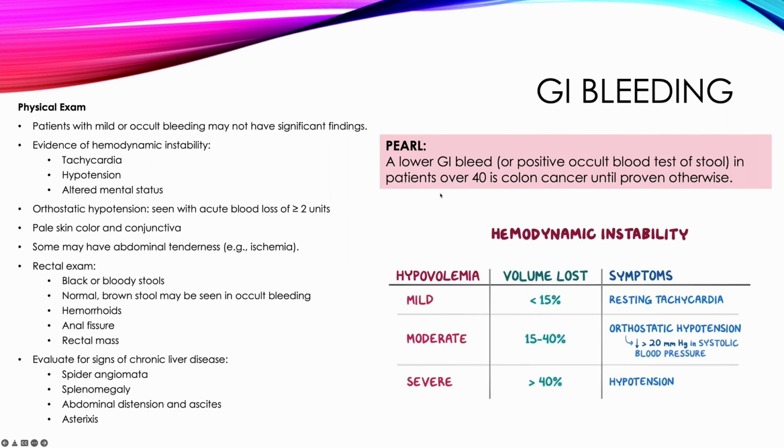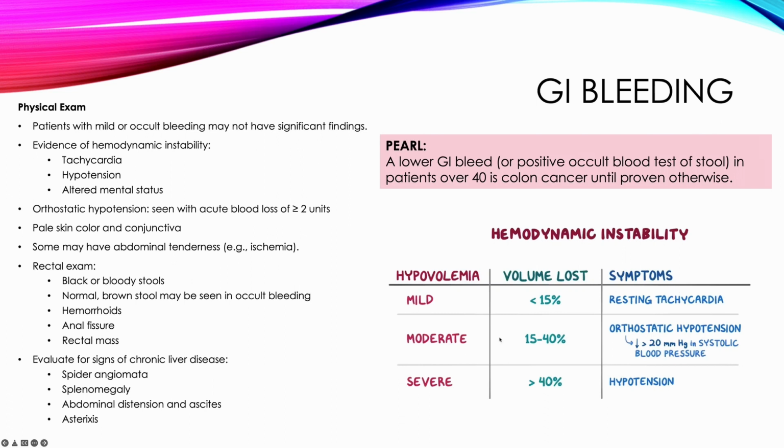Now, I was watching an Osmosis lecture. I really like Osmosis. And looking at this orthostatic hypotension or hemodynamic instability, I thought it was nice that they laid this out for you, the progression of hemodynamic instability. So those with mild hypovolemia, losing less than 15% of their volume, will show initially a resting tachycardia.